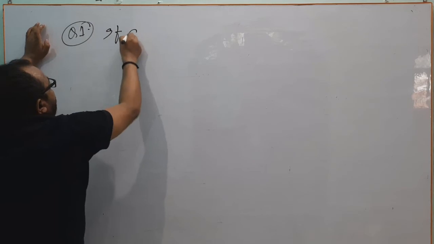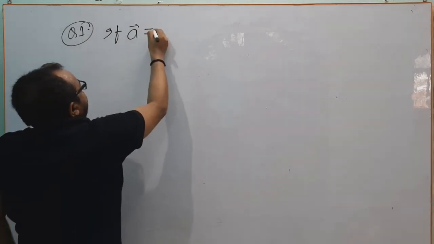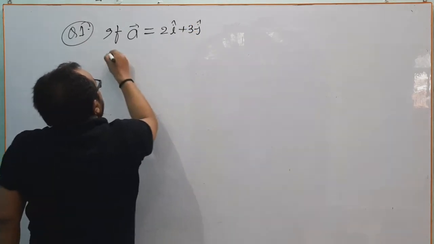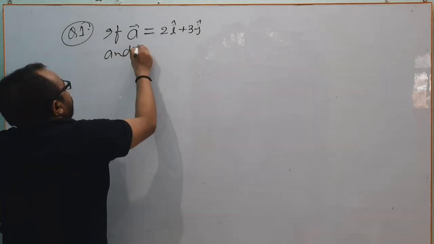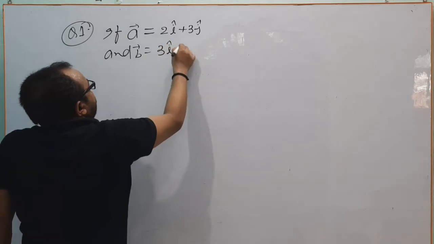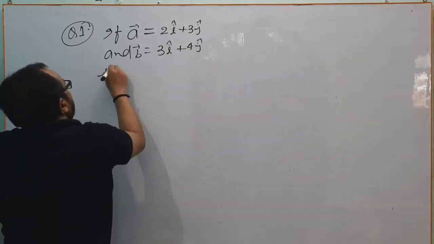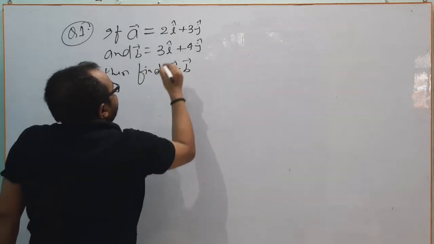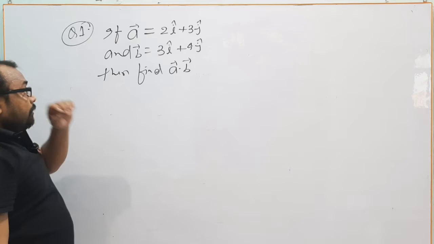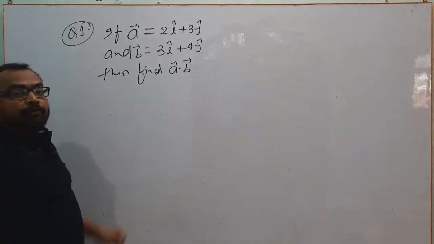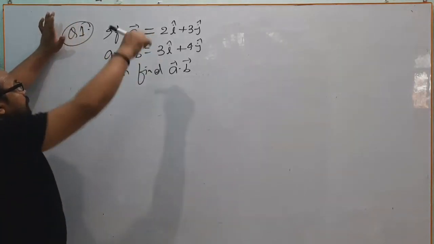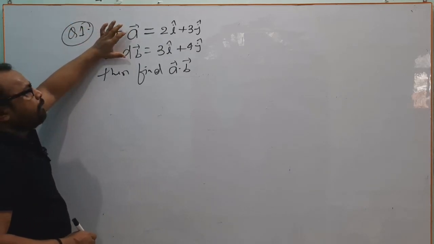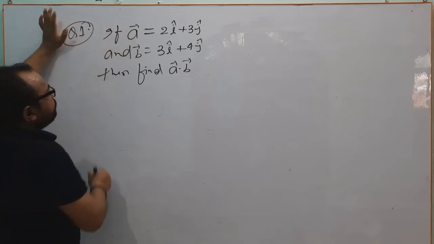If vector A is equal to 2i plus 3j and vector B is equal to 3i plus 4j, then find A dot B. Let us solve this problem. This problem can be solved by two methods, by two ways.